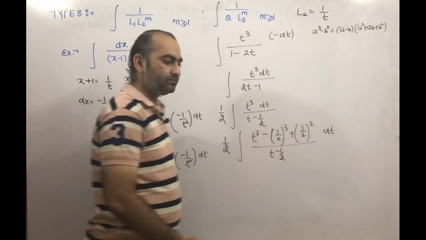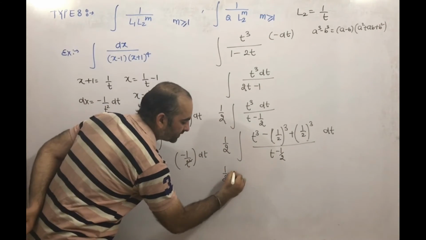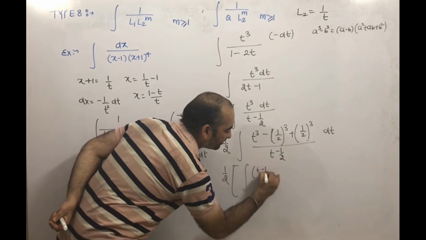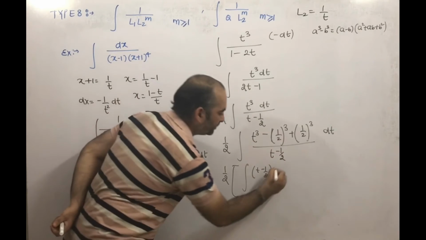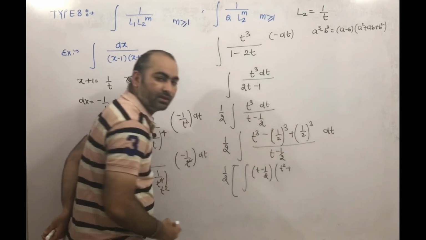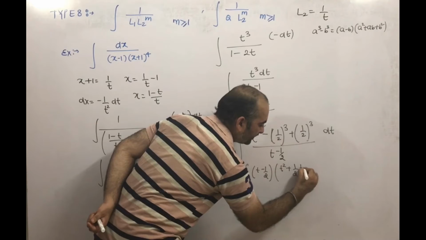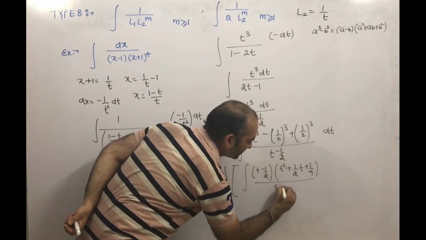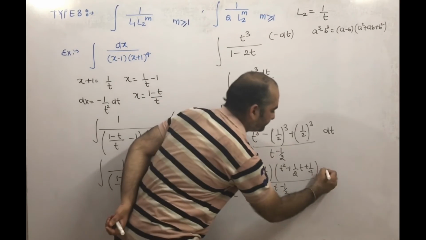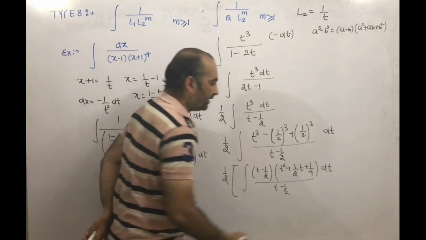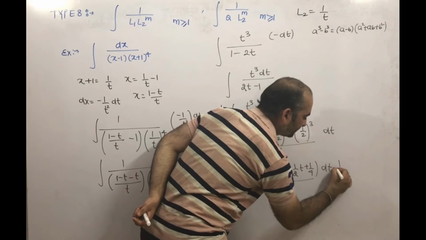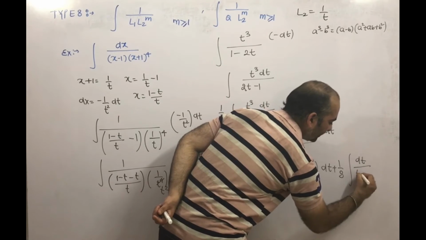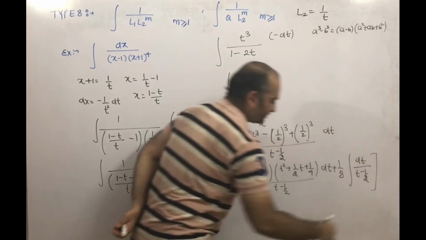So we get 1 by 2 in bracket, the integration of (t minus 1 by 2) into (t square plus 1 by 2 t plus 1 by 4) divided by (t minus 1 by 2) dt, and (1 by 2) whole cube, that means 1 by 8, outside: the integration of dt divided by (t minus 1 by 2), bracket close.